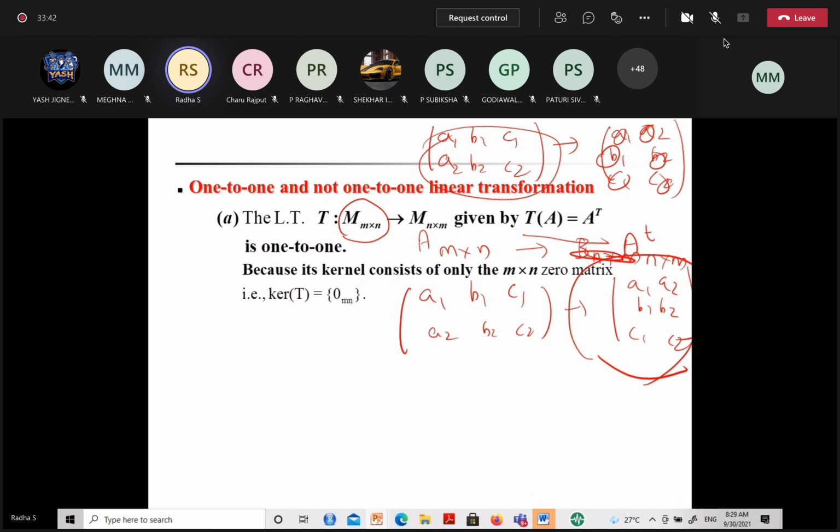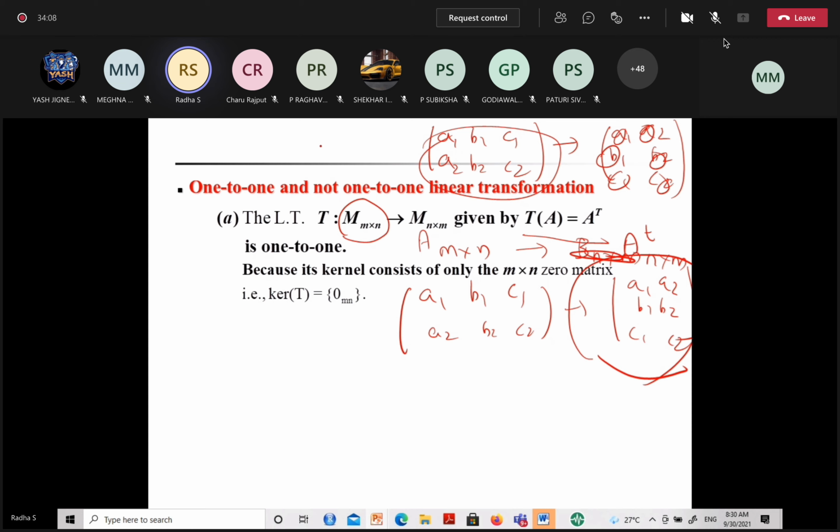For a transformation to be onto, for every element in the range, you should have a pre-image. So for every N by M matrix, you should have an M by N matrix. How do you obtain that? Just by transposing them.